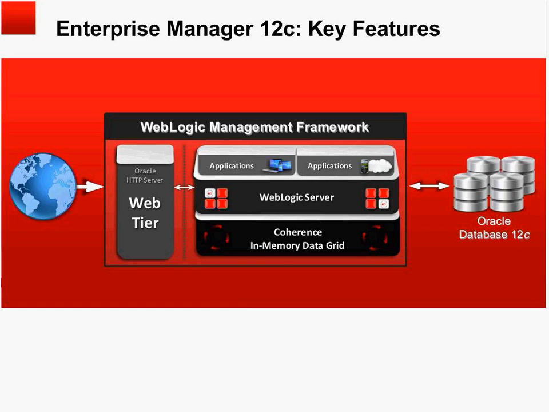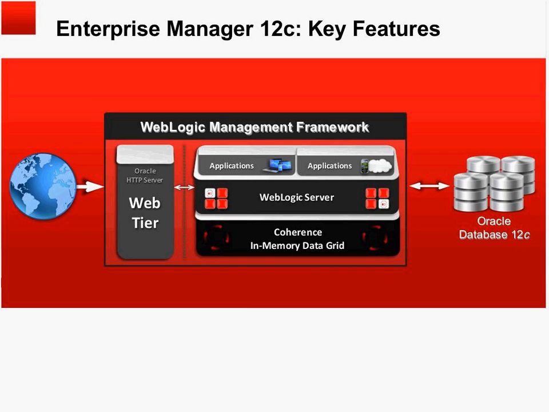There's a similar set of integration with our web tier where you can manage our Oracle HTTP Server with WLST scripts, Node Manager for death detection, as well as a number of other things. So the WebLogic Management Framework is what you'll see when you look at our management infrastructure, with Enterprise Manager built on top of it, enabling all of the Oracle user interface and infrastructure to surface because we now have a formalization of the management infrastructure.